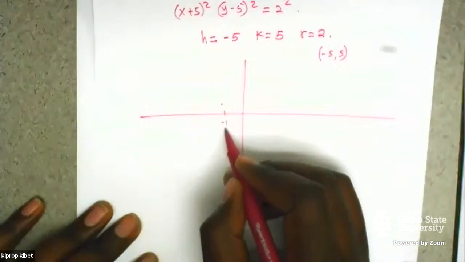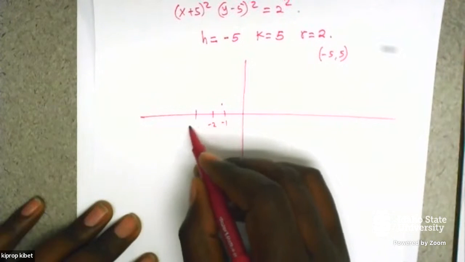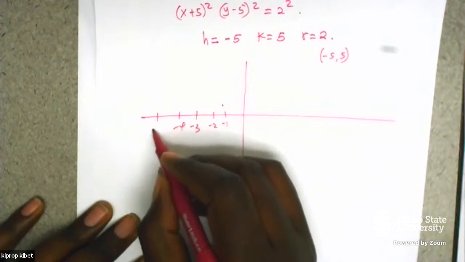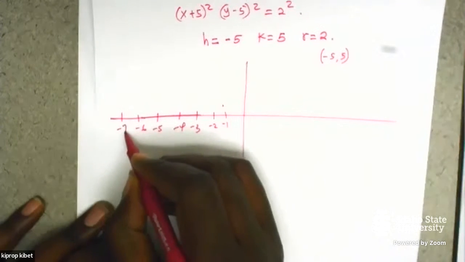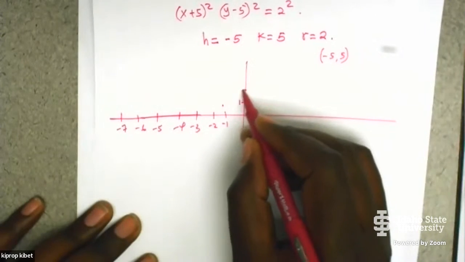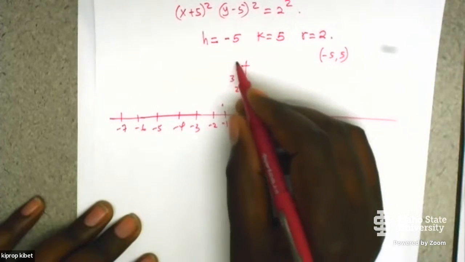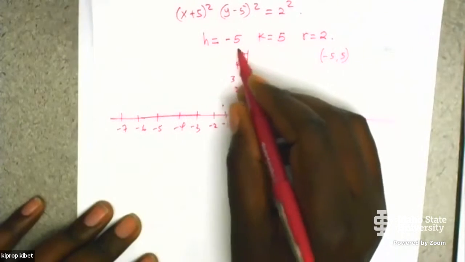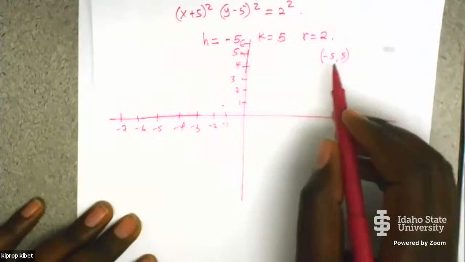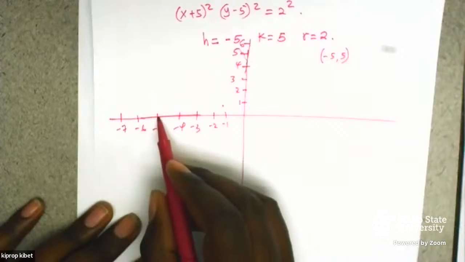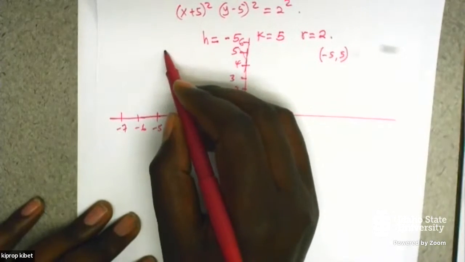So -1, -2, -3, -4, -5, -6, -7, and 1, 2. So (-5, 5) is somewhere there.